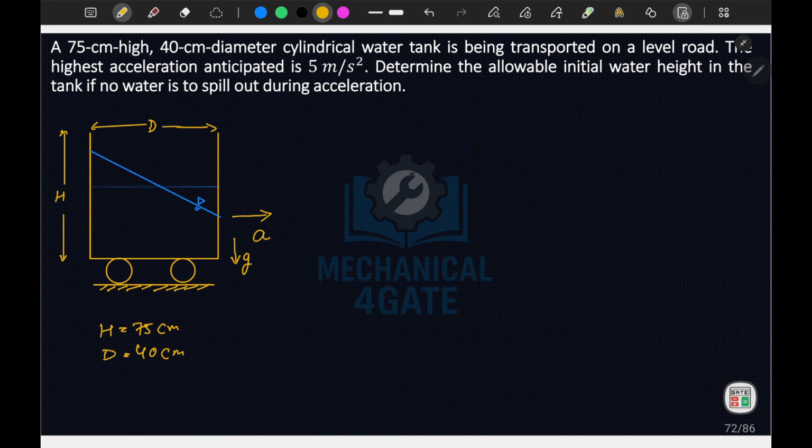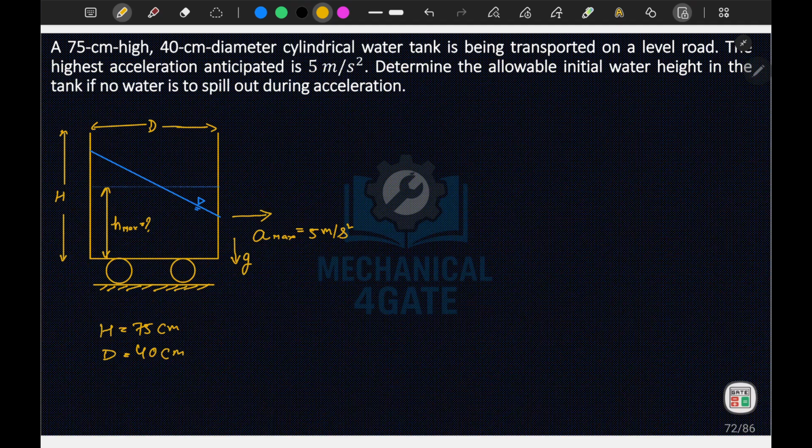Now it is mentioned that it's transported on a level road, the highest acceleration possible. So a max is equal to 5 meter per second square. And we have to determine the allowable initial water height in the tank if no water is to be spilled out during acceleration. So we have to calculate what should be this h max.